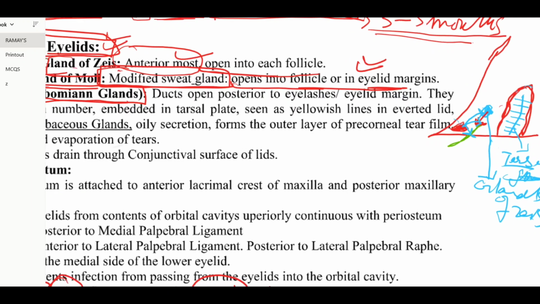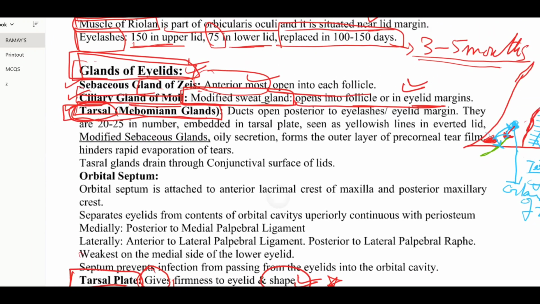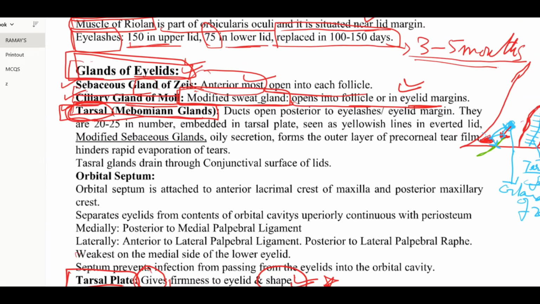So now let's read from the Ramesh. Meibomian glands, their ducts open posterior to the eyelashes or the eyelid margin. This point is important. Okay, they open posterior to the eyelashes or the eyelid margin.